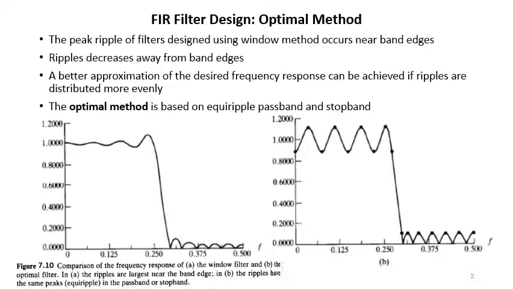We continue the topic of FIR filter design. In the previous lecture we used the window method. In the FIR we have finite impulse response, so we should have a finite number of coefficients. To obtain the finite number of coefficients, we multiplied the window with the infinite impulse response, because in case of ideal filters the response in time domain, or the impulse response, is infinite.